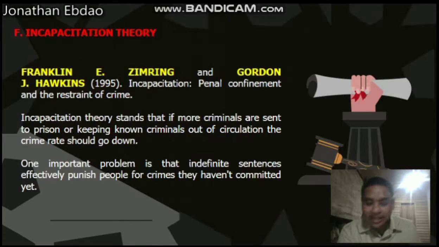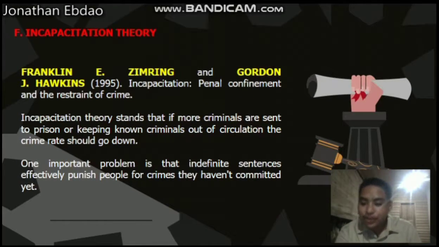The next one is the incapacitation theory. Franklin E. Zimring and Gordon J. Hawkins in 1995: incapacitation theory, the confinement and restraint of crime. Incapacitation theory stands that if more criminals are sent to prison or kept out of circulation, the crime rate should go down.